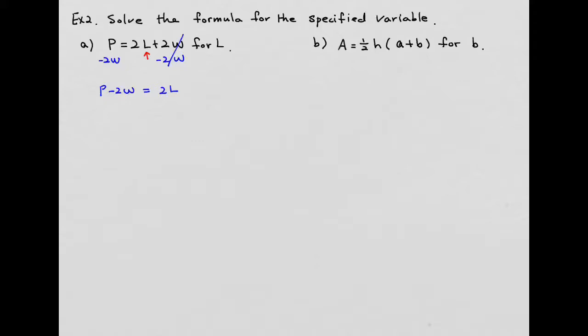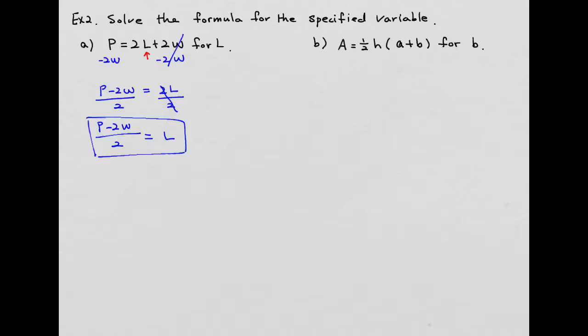Now you wanted to isolate L by dividing by 2. Now you get rid of multiplication by dividing, which gives you only L by itself, and the other side will be P minus 2W over 2. And that's all you need to do. Isolate the variable on one side and move everything else to the other side.